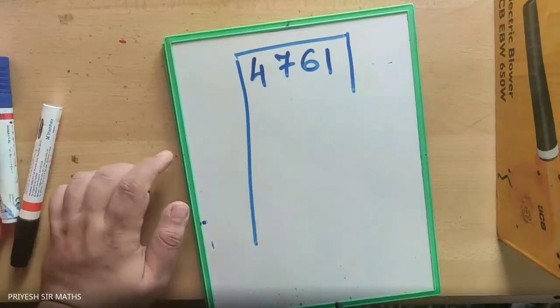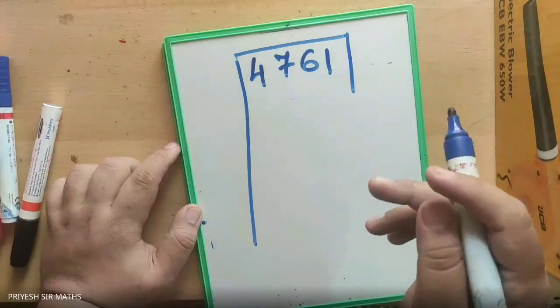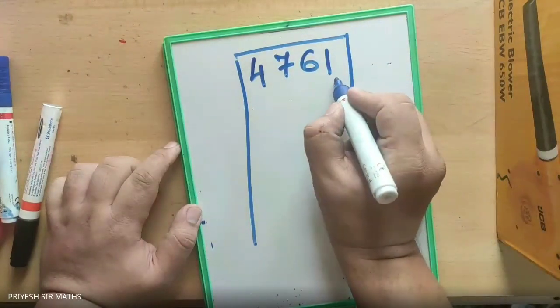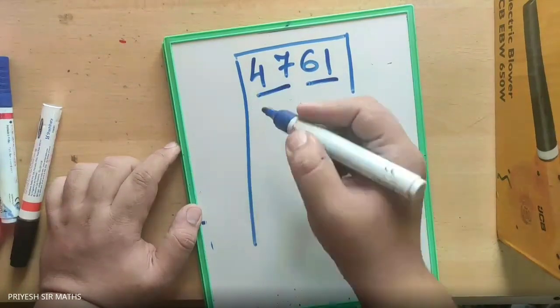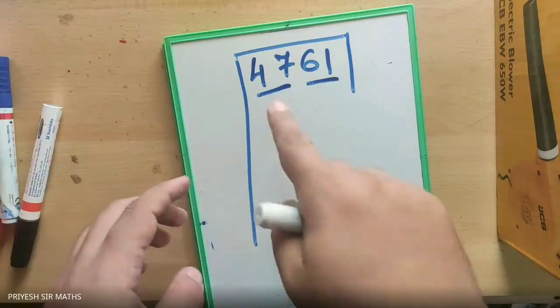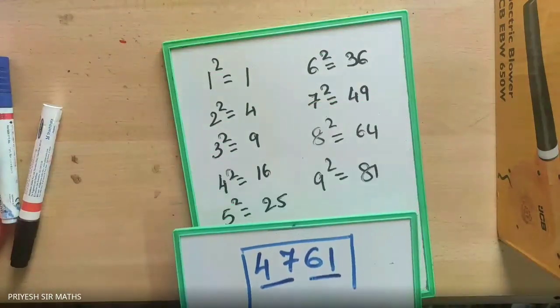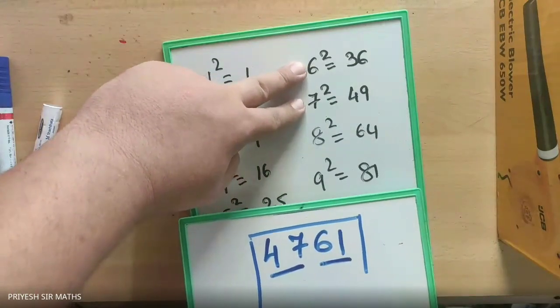So what you have to do in this type of question, you have to be very clear that you have to make a pair from the right side. So you make the first pair and then you make the second pair. Okay. 47 comes between 6 square and 7 square.